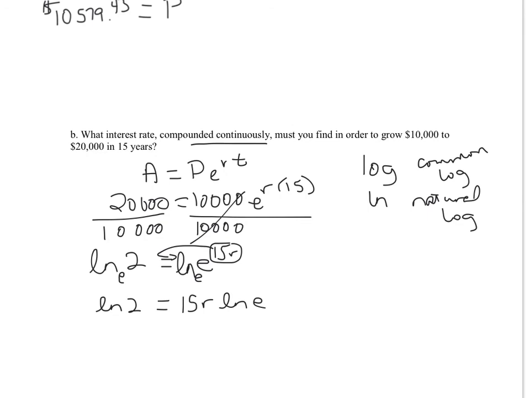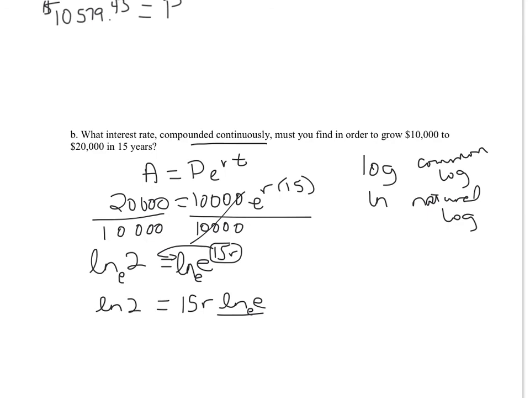Okay? But there's something interesting about the natural log of e. Think about this for a minute. This is saying I'm looking for the exponent that e has to be raised to in order to give back e as an answer. If I put that e in there, that's what it means. Well, e to what power is e?